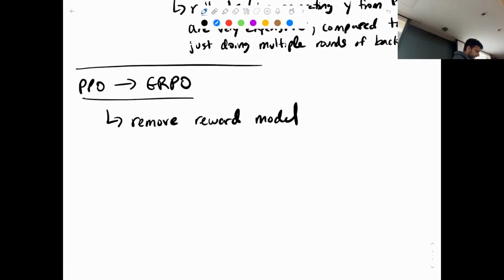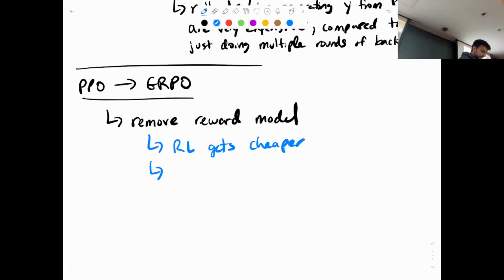So this has one positive thing, which is that RL gets cheaper. We drop an entire language model sized chunk of parameters from our training process.